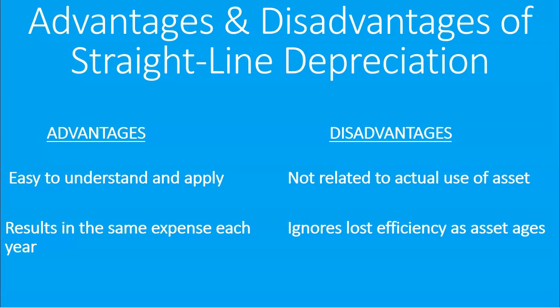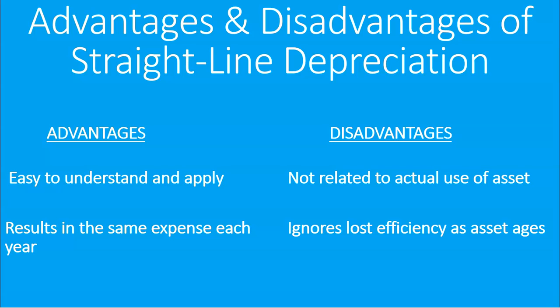As we move on, let's just use an example that we go 25,000 miles in year one and 22,000 in year two and 18,000 in year three. Straight line depreciation ignores lost efficiency as assets tend to age.